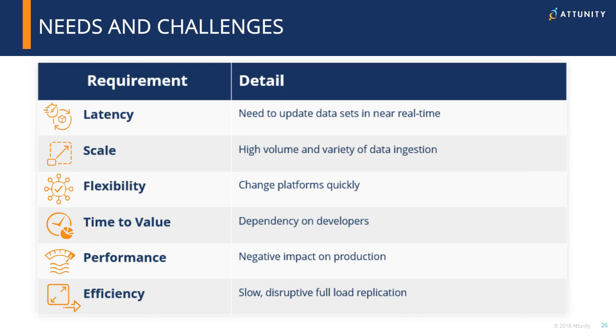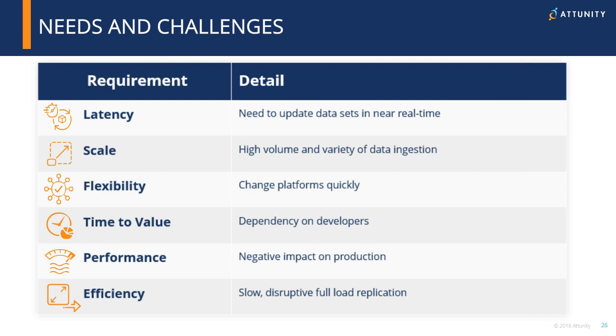They need the flexibility to be able to take advantage of new technologies. A great example is the machine learning algorithms and different platforms, like TensorFlow. People want to be able to take advantage of the latest and greatest and not be locked in. So having that flexibility becomes very important. The time to value is all about automation.